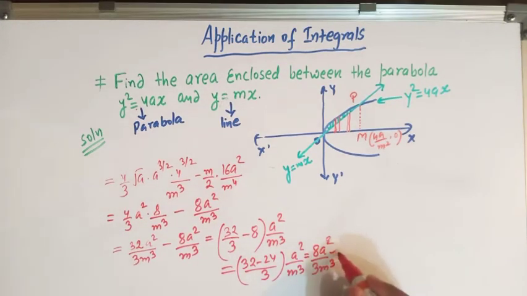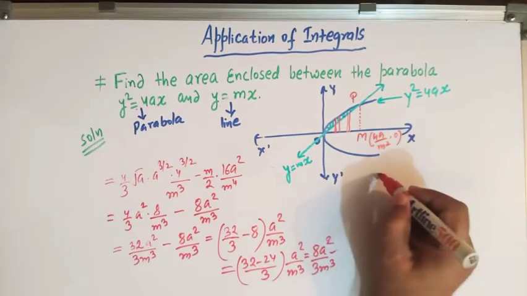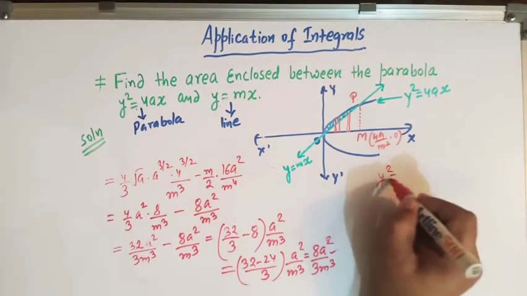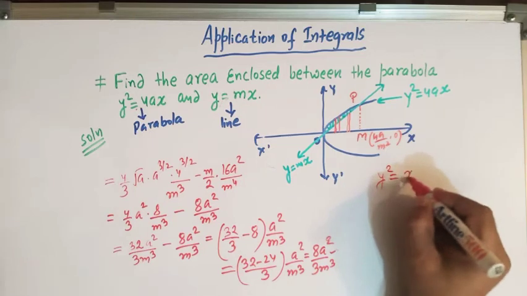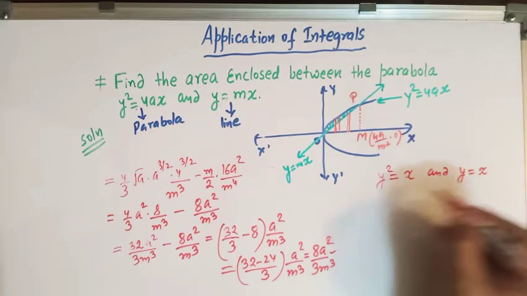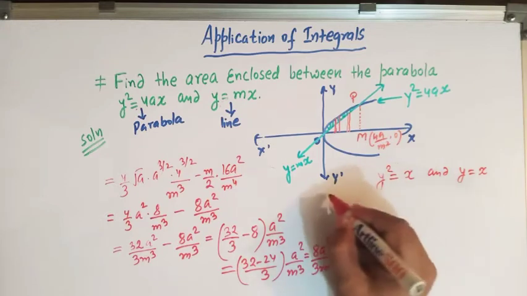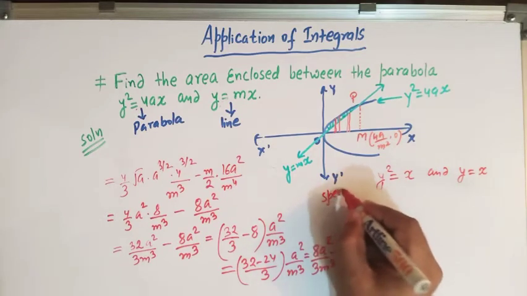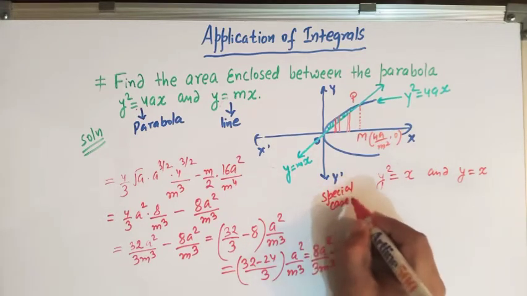Now suppose if we have a parabola y square is equal to x and y is equal to x, here I am considering some special cases. This is a special case.